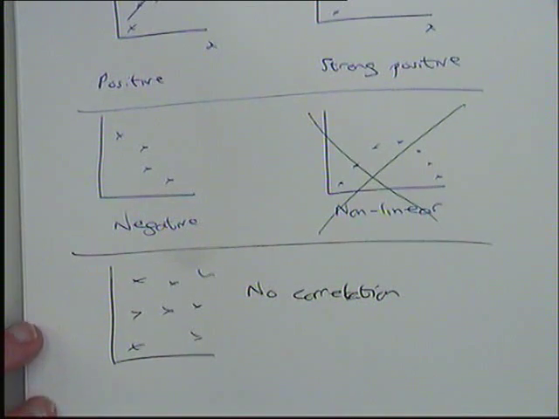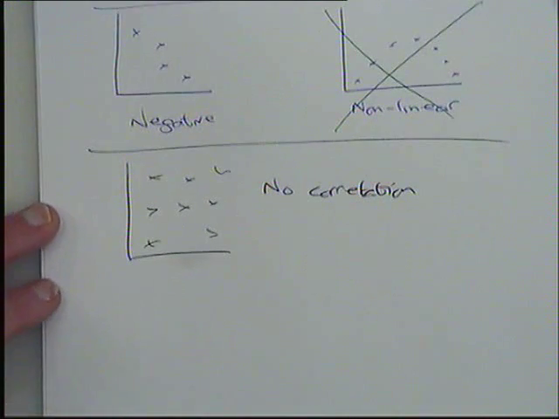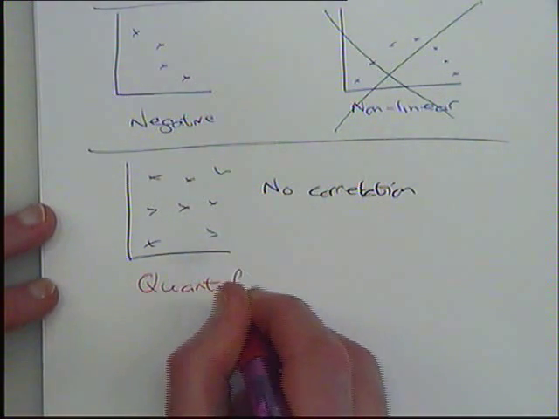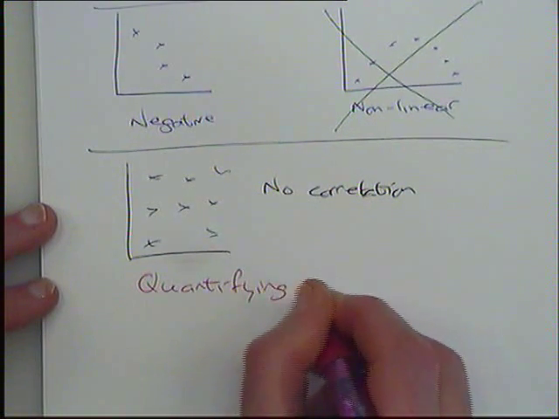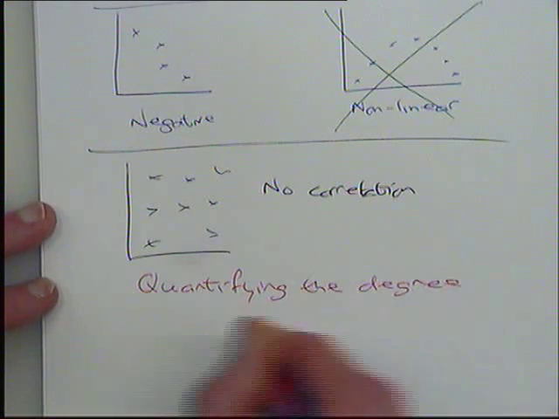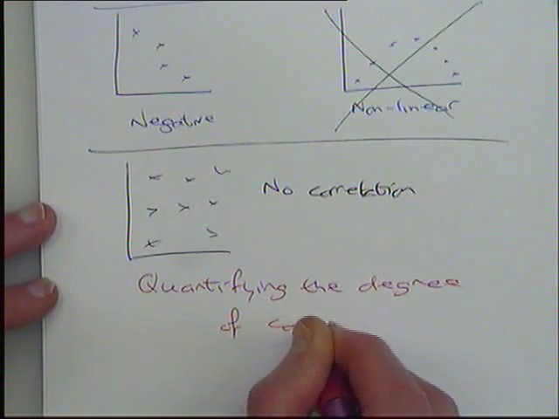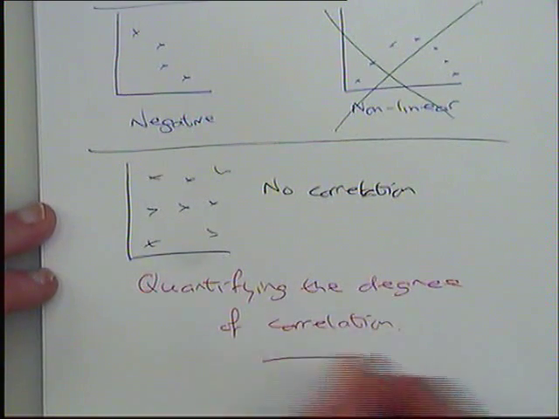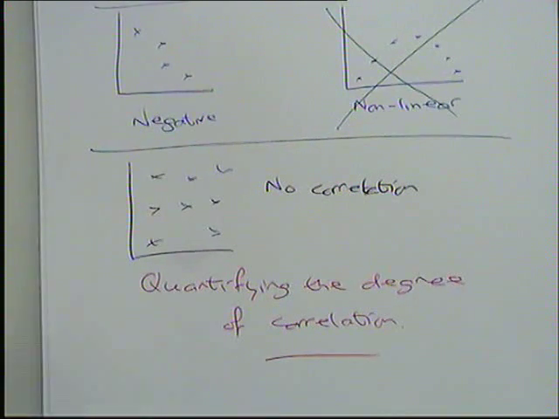Okay. Now what this chapter is all about is quantifying the degree of correlation. Right, so we're going to measure correlation on a scale.